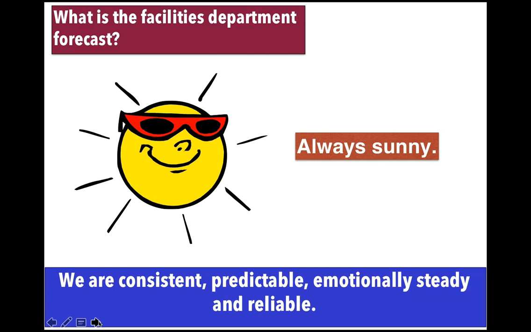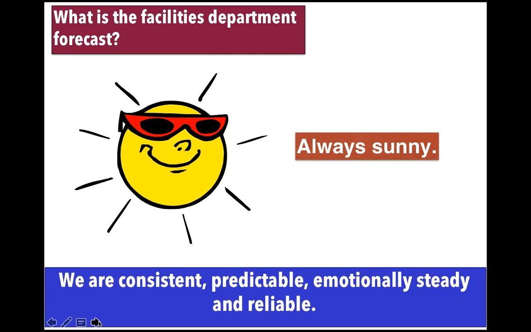We're always emotionally steady. And what does emotionally steady mean? It means that we're nice on Monday morning at 8 o'clock and we're nice on Friday at 2:30. That it doesn't matter what's going on in our department, we put a good face on it, and we have a consistent view.